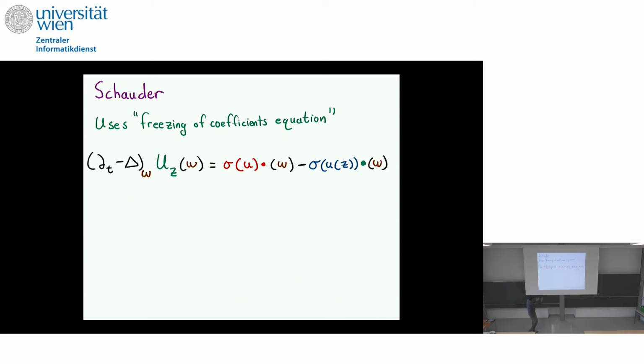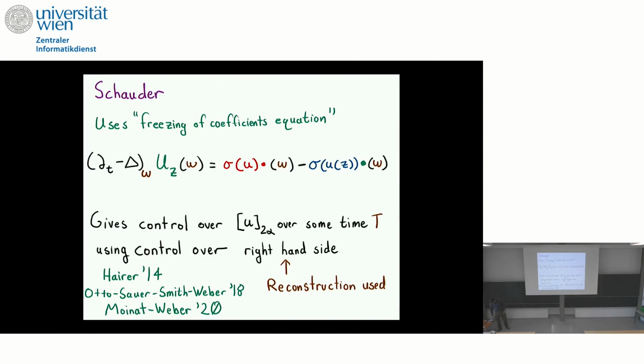And the way that you can think about it in this picture is that if you think about this freezing of coefficients equation, where here the active variable for the heat equation is W, then you can get control on the modeledness of U on some time scale based on having control of the right-hand side.